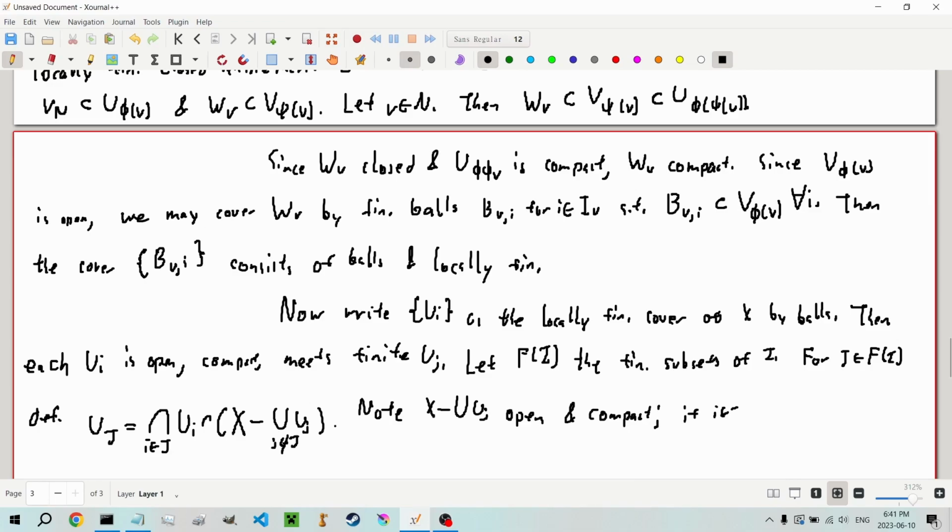If i is in J, this is the finite intersection.